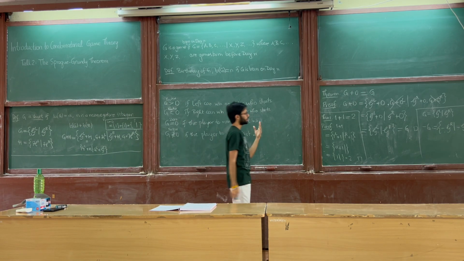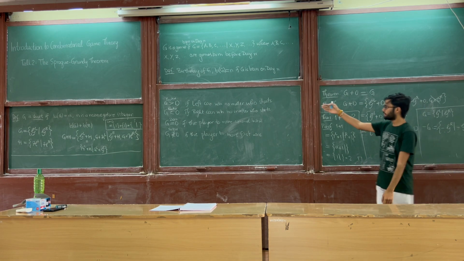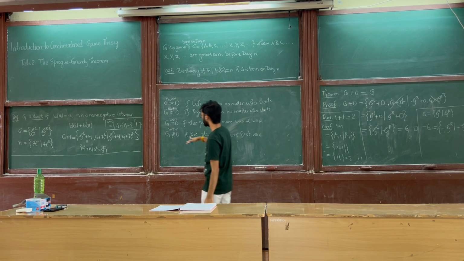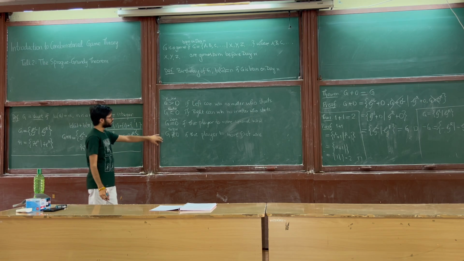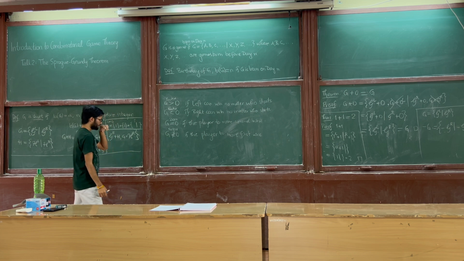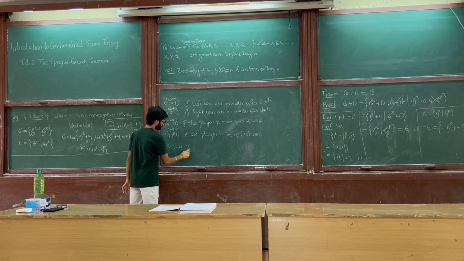You can try to come up with recursive definitions of what it means for left to win and right to win and so on. All of these things, instead of defining like this, you could give a recursive definition in terms of the left and right options. But for now, I'll just leave it with a very intuitive understanding of what all of these mean. And once I have all of these, I can now give the order for anything.